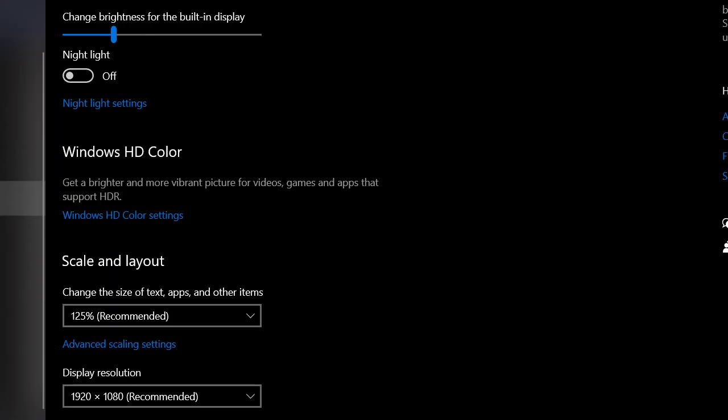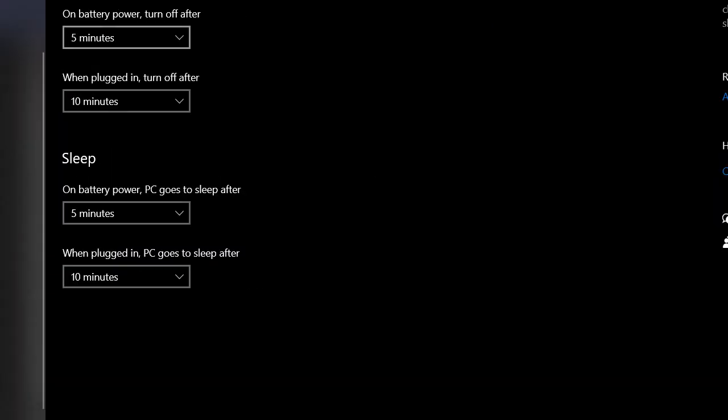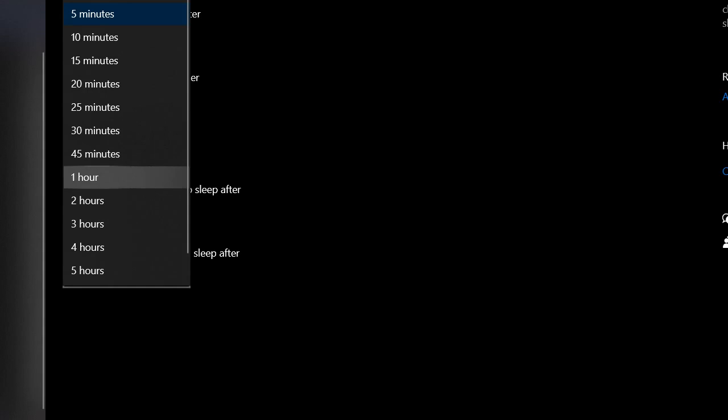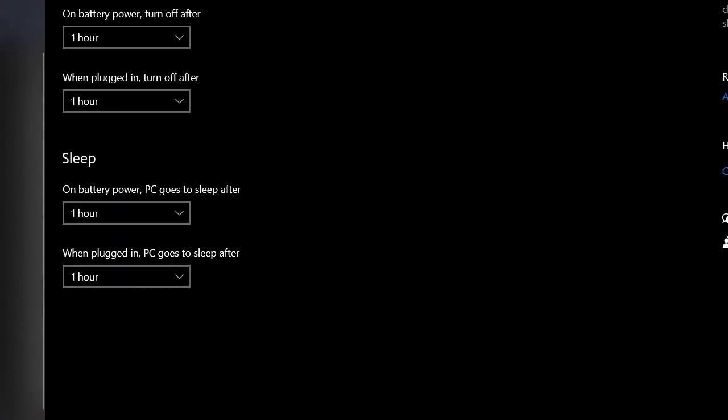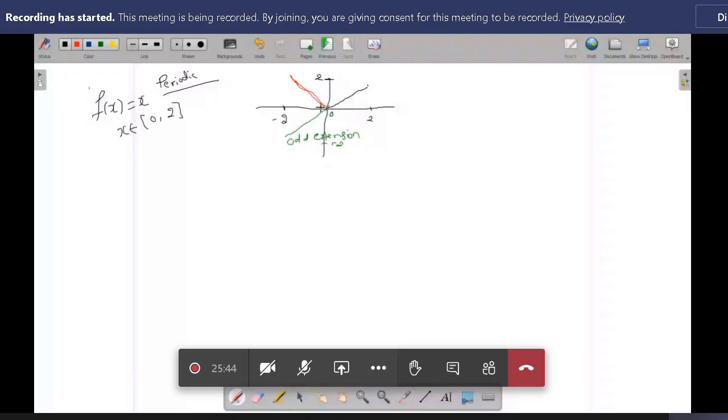So it extends like this, a straight line again. Now you see f of x looks like an even function in the interval -2 to 2. This way of extending, symmetric about the y-axis, is even periodic extension.